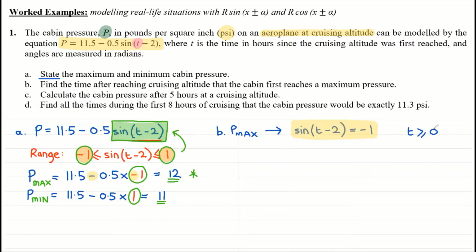So at the moment, this is going to be in radians, isn't it? Does it say in the question? Yes, angle measured in radians. It's really important. So let's find the principal angle.